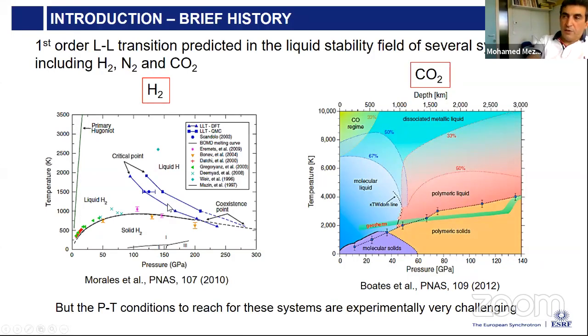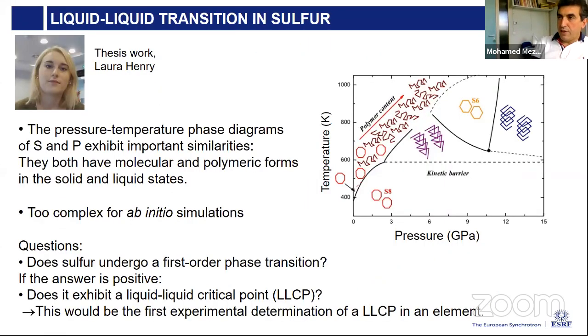So those experiments are extremely challenging. And on our side, on BM02, in the framework of the thesis work of Laura Henry, who has now moved as a postdoc to Soleil, we looked at sulfur, and sulfur was very interesting because sulfur and phosphorus have important similarities in their phase diagram. They both have molecular and polymeric forms in their solid states.